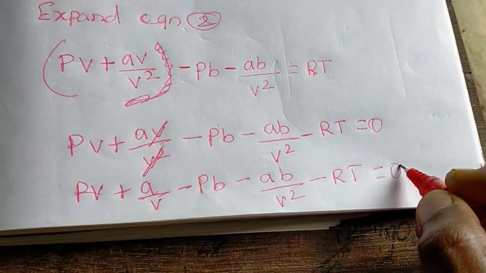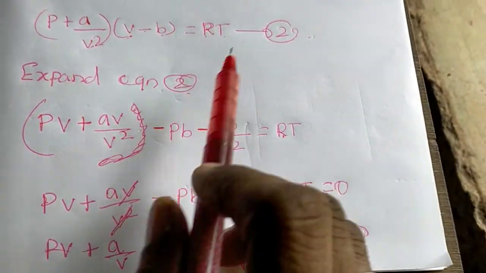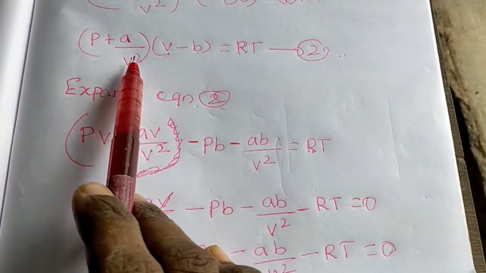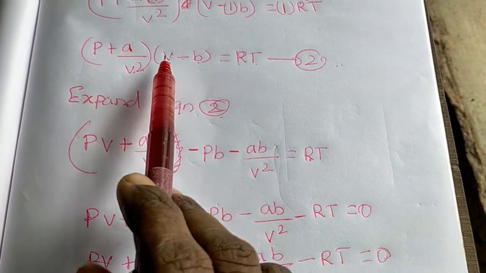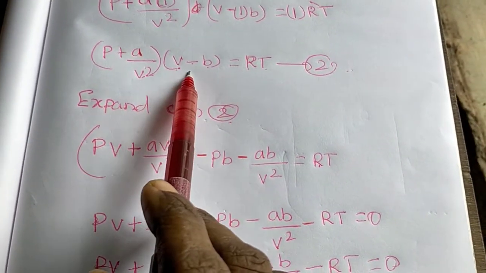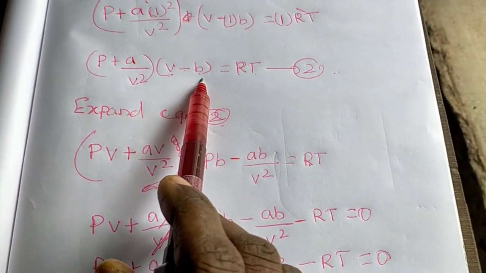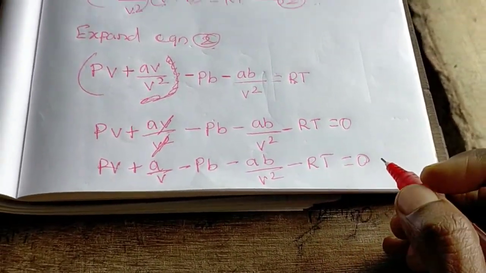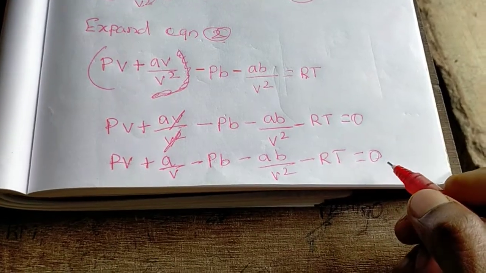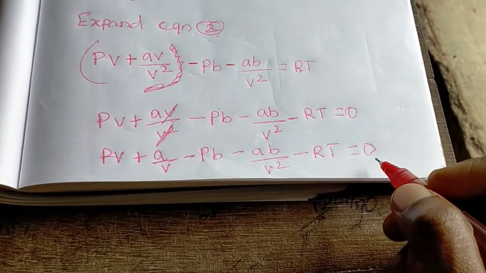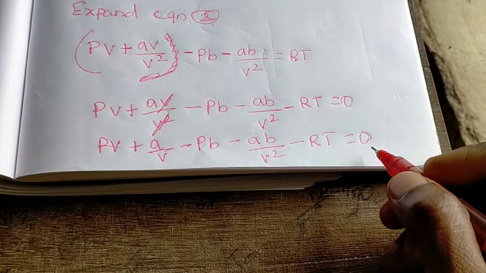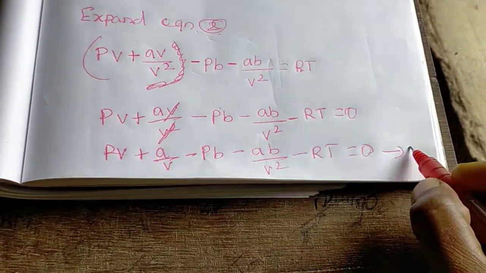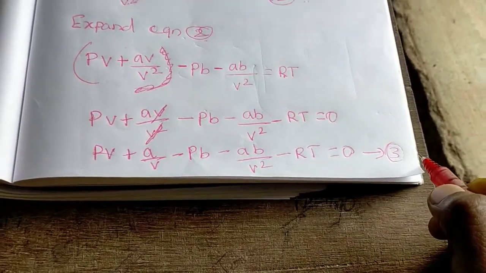Okay, so for expanding equation 2, we multiply this P plus a by v square, it's multiplied with v minus b. Okay, so we get the equation Pv plus a divided by v minus Pb minus ab divided by v square minus RT. So name this equation, equation 3.